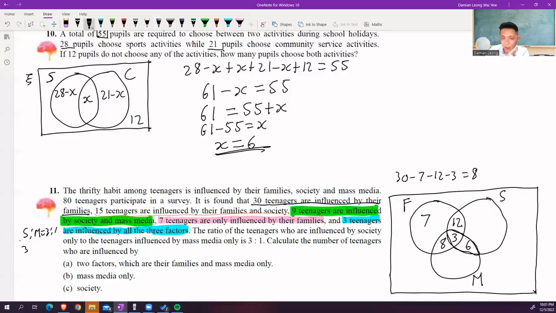In other words, the number of them influenced by society only over the number of them influenced by mass media only is 3 over 1. S is 3m. Means if here is x, inside society only will be 3 times of it. Means 3x.